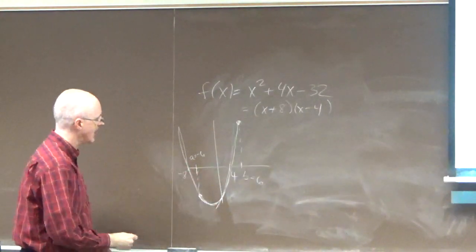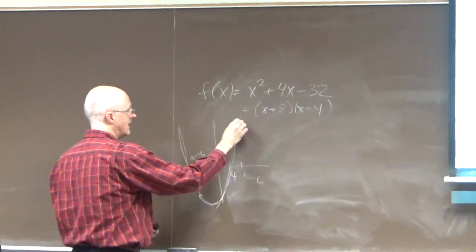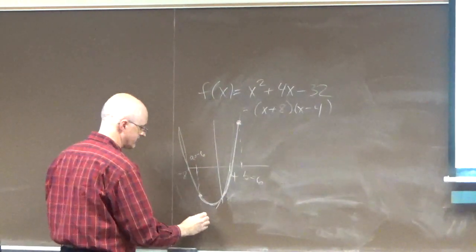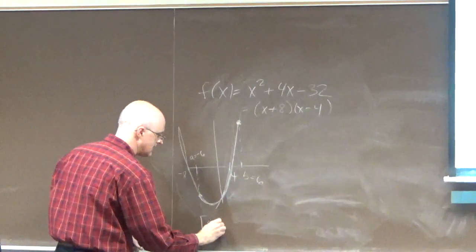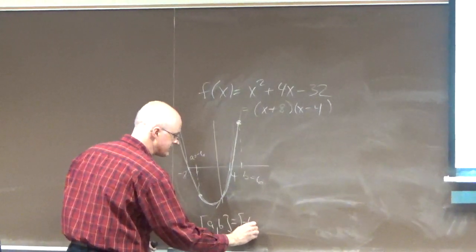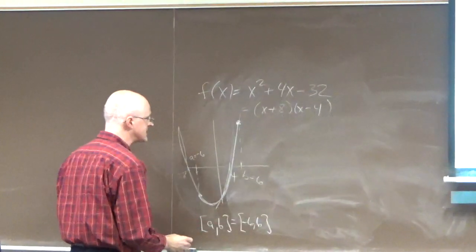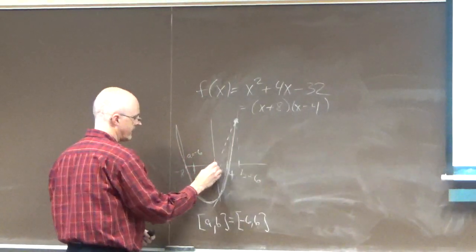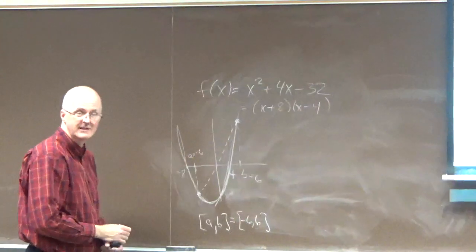Like that. I'm sort of ignoring the rest of the graph. The mean value theorem applied to this piece of the graph on this interval from a to b, negative 6 to positive 6, says there's some number c where the slope of the tangent is the same as the slope of the secant. Let's find c.